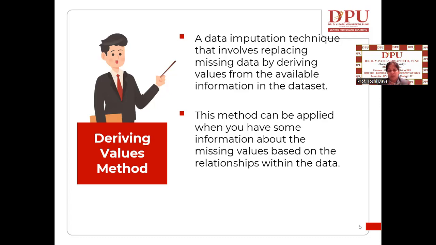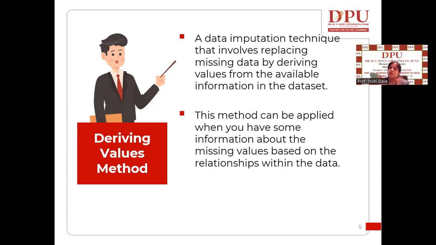Either you will remove the complete record or you will give proper treatment to those missing values. Clear? So giving the proper treatment means what? You will replace that NA or NaN, that missing value, with some useful value.